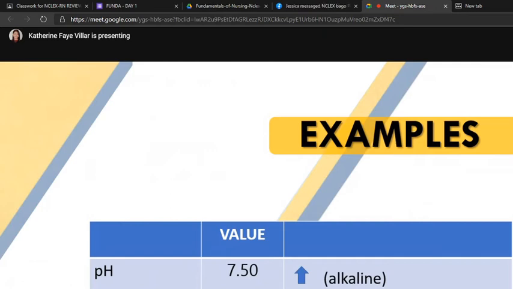Okay? So, yung ating bicarbonate ay 30. Mas mataas. So, ibig sabihin, alkaline, right?